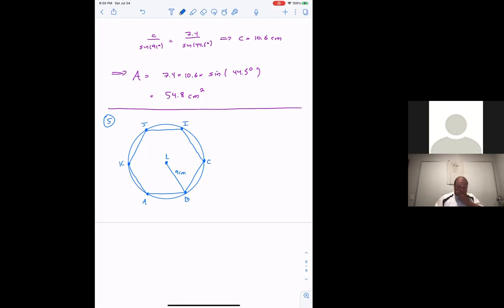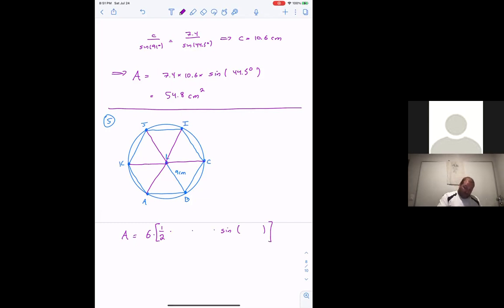Pause. Welcome back. So we just did a problem like this. It's a regular hexagon, so all I need to do is find the area of one of the triangles, and because they're all congruent, all 6 of them are equal. So the area is 6 times any one of them, which is going to be 1/2 times side, side, sine of the angle in between.